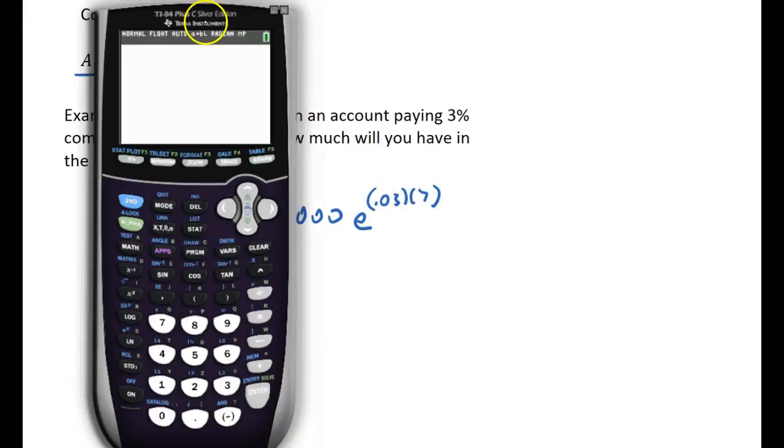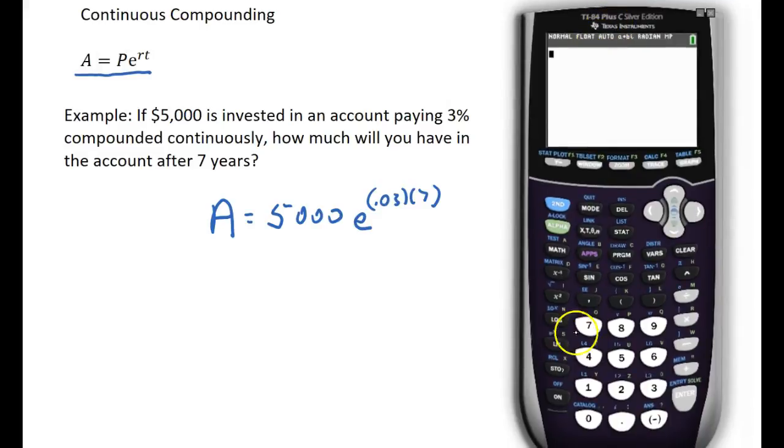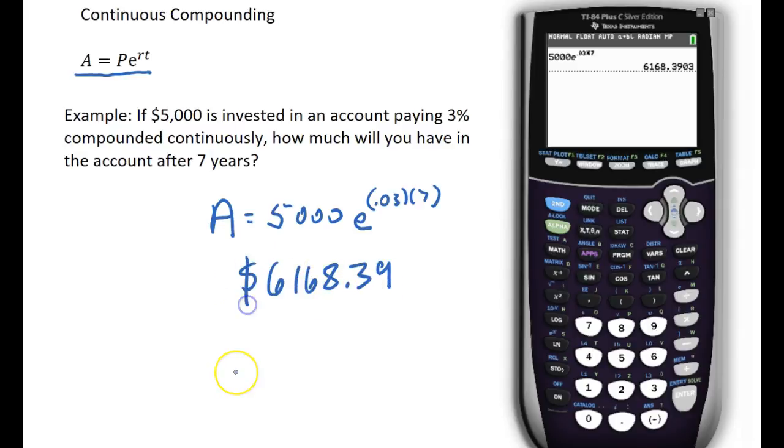And fortunately, we have an e button on our calculator. It's right there over that LN button. So I'm going to punch it in exactly the way it looks. 5,000, second e to the 0.03 times 7. And I get $6,168.39. So I get a little bit better deal if it's compounded continuously.